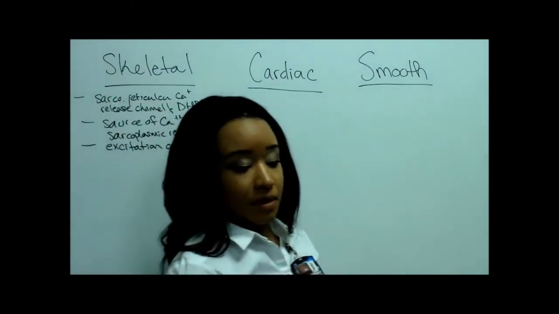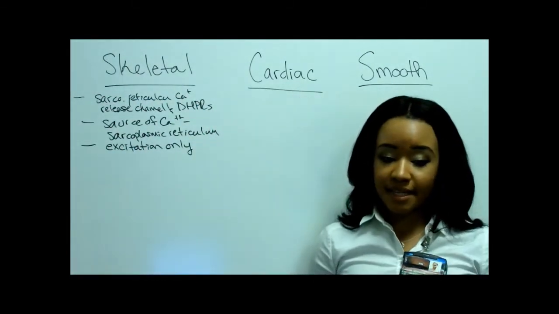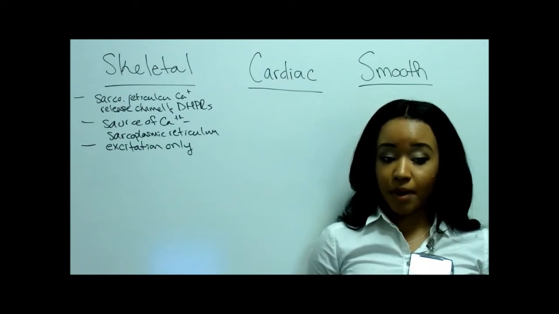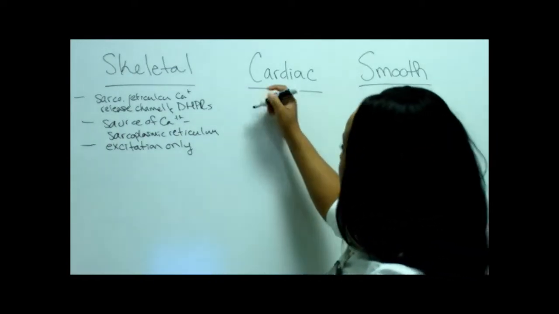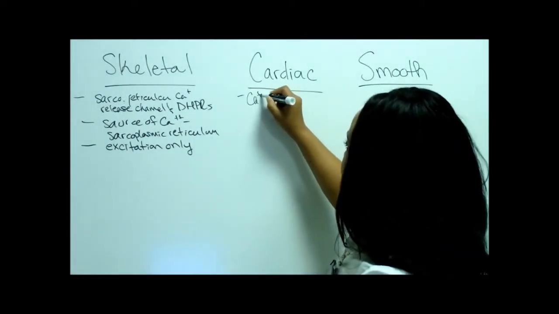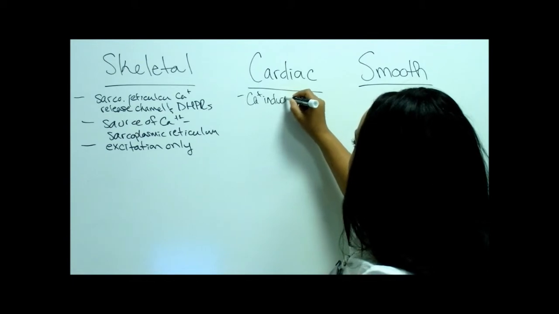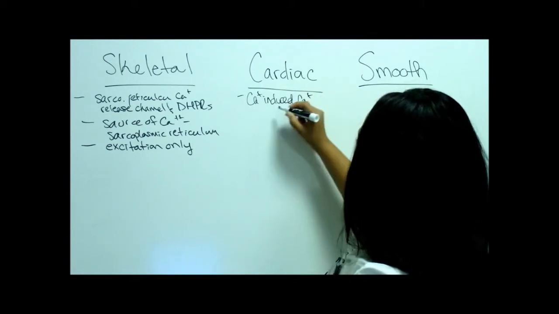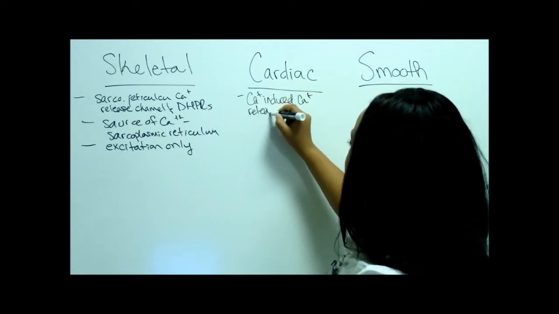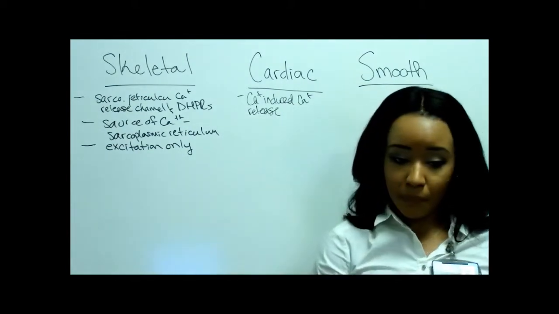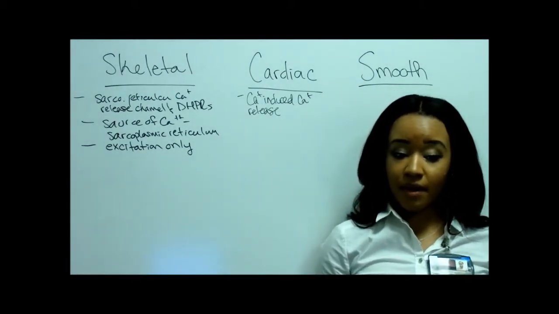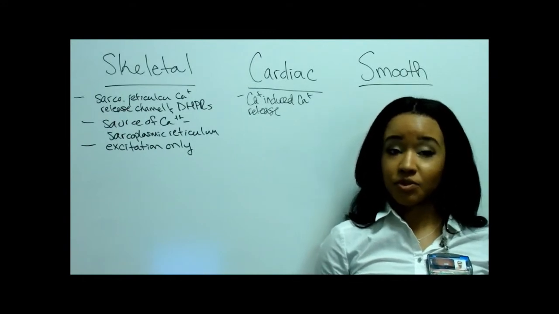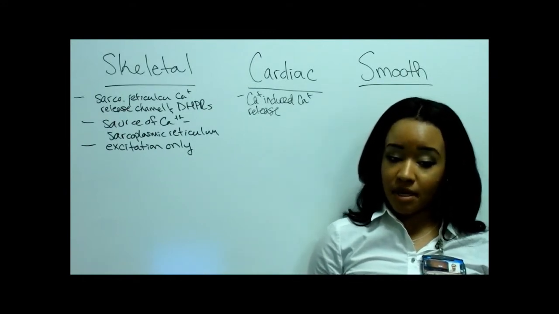So for cardiac muscle, unlike skeletal muscle, the excitation coupling is thought to depend primarily on a mechanism called calcium-induced calcium release. Though the proteins involved are similar, the DHPR and the sarcoplasmic reticulum receptors are not physically coupled.